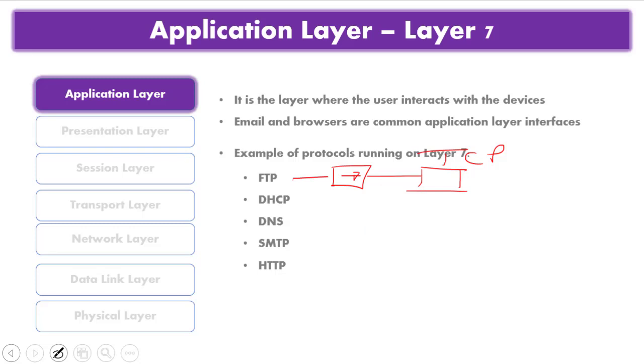DNS is the Domain Name System. I mentioned SMTP. HTTP is our favorite. It's used for internet pages. DHCP assigns IP addresses to client systems, and we resolve names by DNS.